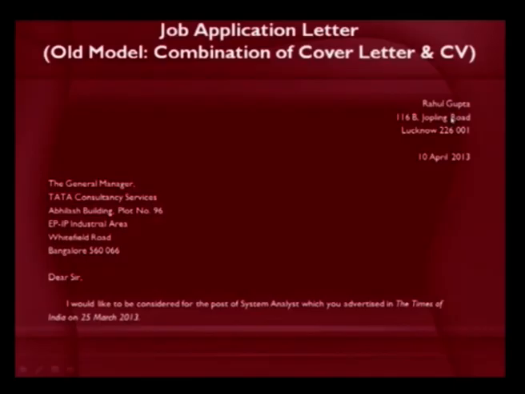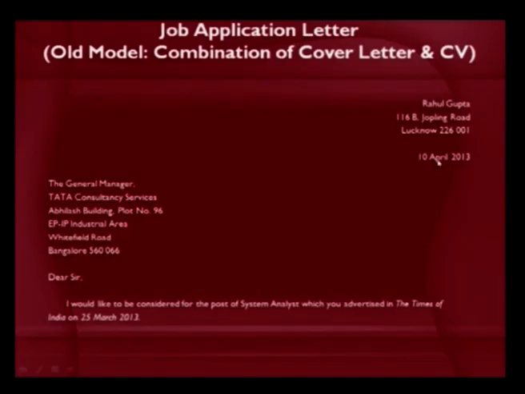Look at the right side top corner. We begin with the heading, or we begin with the address of the candidate. So, Rahul Gupta, 116B, Jopling Road, Lucknow, and the pin code is given. The internal punctuation is used, if you remember, and then the date is given.